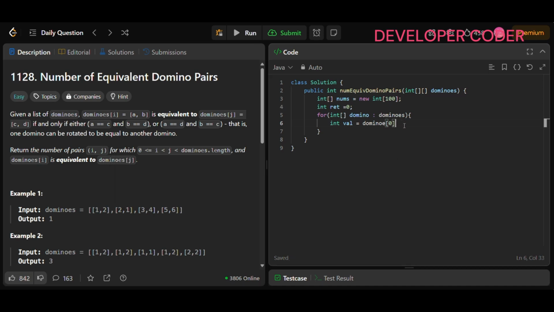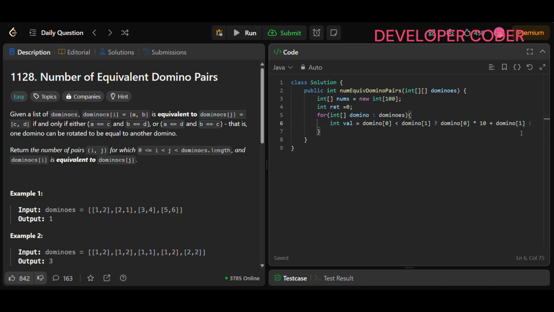So if domino of 0 is smaller than domino at 1, in that case you have to multiply domino of 0 into 10 plus add domino of 1. So the smaller value we are multiplying with 10 and then adding the other value, right?